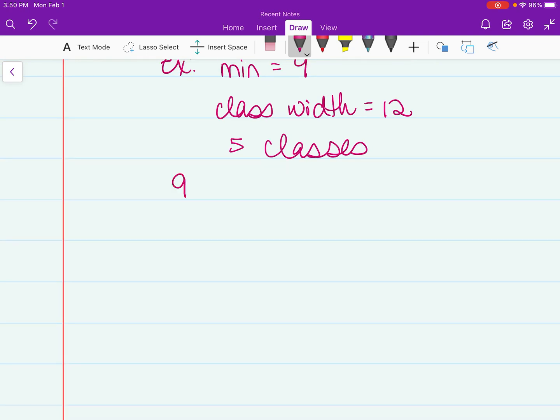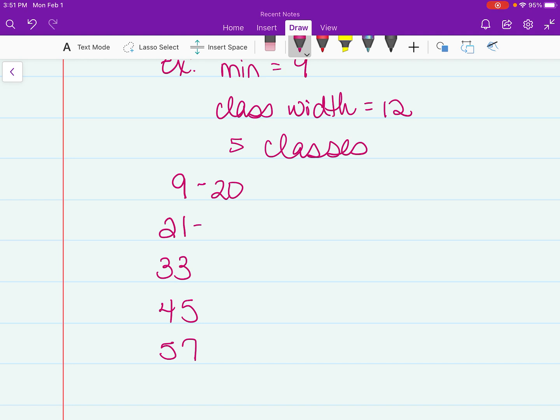Then I would start with 9, add 12 to 9 and get 21, add 12 to that and get 33, add 12 to that and get 45, add 12 to that and get 57. And I have my 5 classes. These are all my lower limits. And so if I decrease the next lower limit by 1, that gives me 20. So that means 20 is my upper limit for my first class.